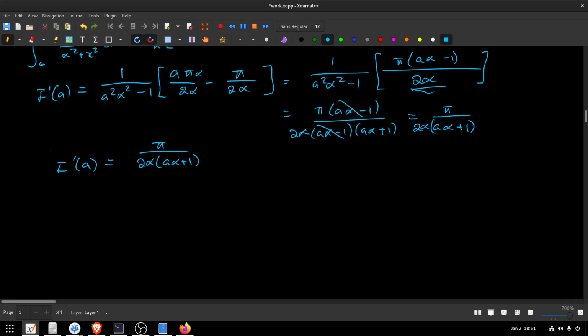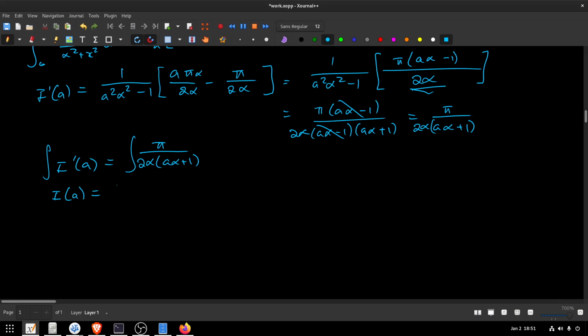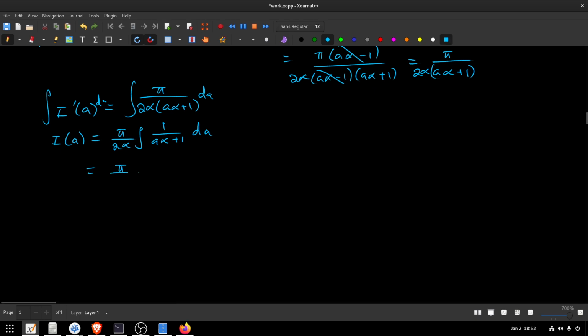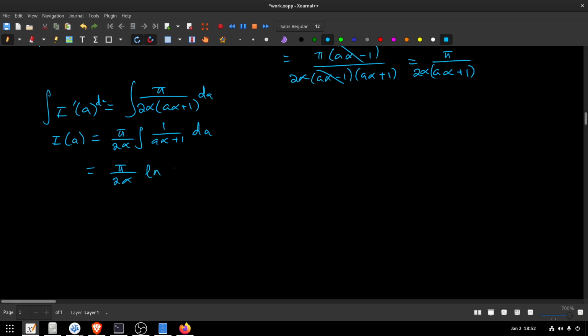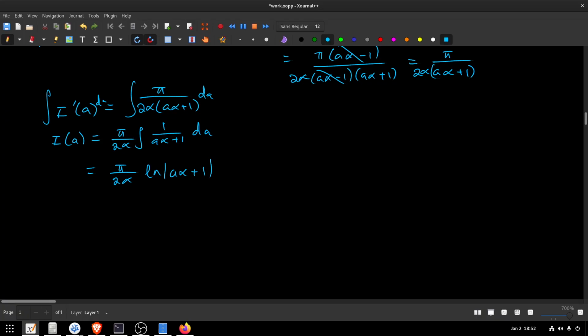So now all we have to do is integrate with respect to a on both sides to recover the original function. So I of a is going to be, we have some nice constants to take out here, the integral of 1 over a alpha plus 1 da, which is going to be pi over 2 alpha times the natural log of a alpha plus 1, and we can't forget that we get an excess 1 over alpha from this inside here, so this will become pi over 2 alpha squared, plus that c.